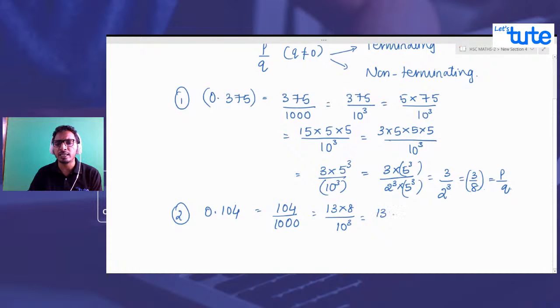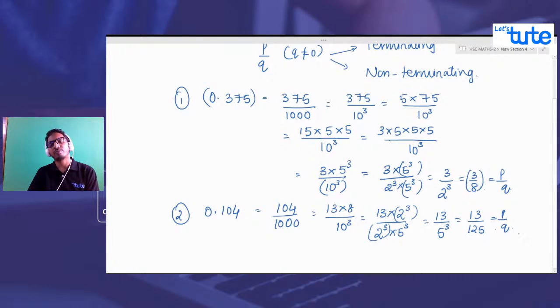Then 13 multiplied by 8, which can be written as 2 cubed, and in the denominator we have 10 cubed, which can be written as 2 cubed multiplied by 5 cubed. Now 2 cubed is cancelled. That's where we get 13 by 5 cubed, or you can also write it as 13 by 125.